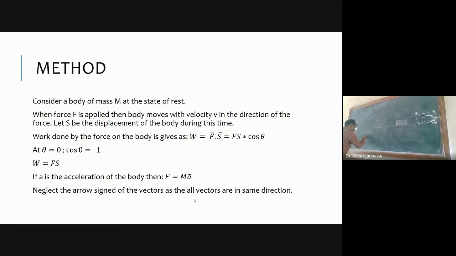So we can say the final state of the body is at the x2 position, so x2 minus x1 will be s. In this experiment, we have set the body of mass m in motion by applying some force on it, and the body is displaced by distance s, changing its position from the initial position to the final position.